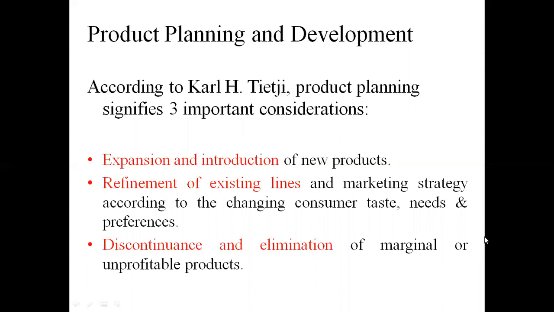We can say that after this stage, the actual commercialization starts, and the product life cycle starts for a product. So this is the step just before the product is in the market. Okay, so it also involves the formation of product policies and strategies.